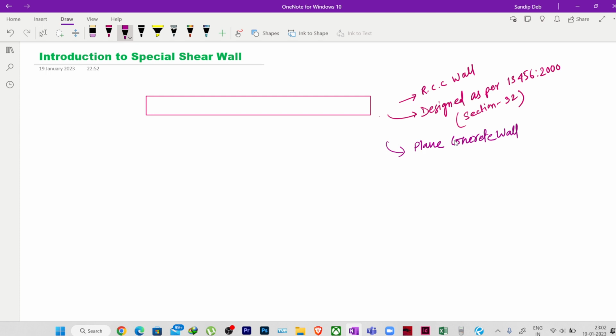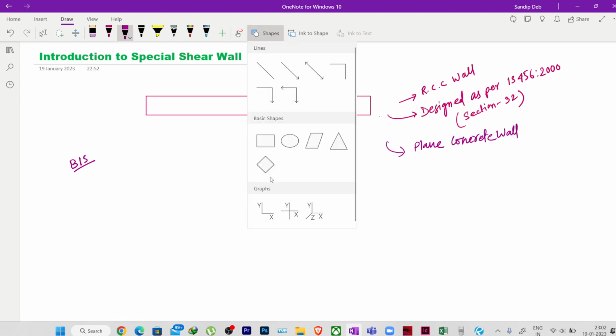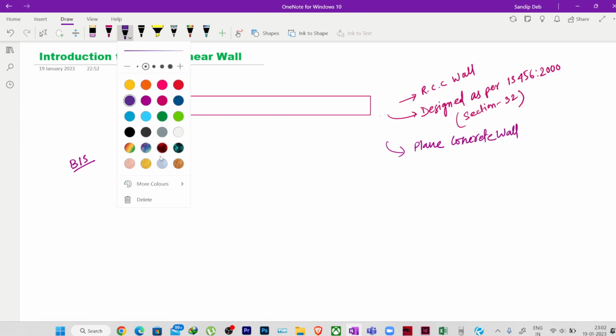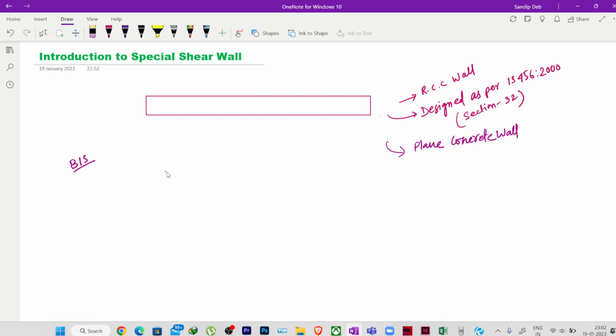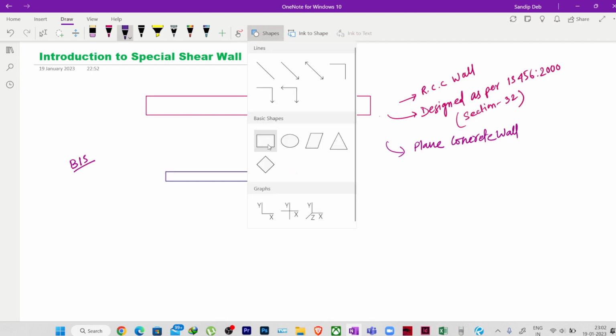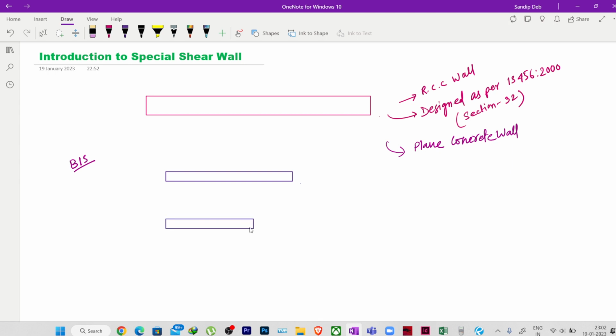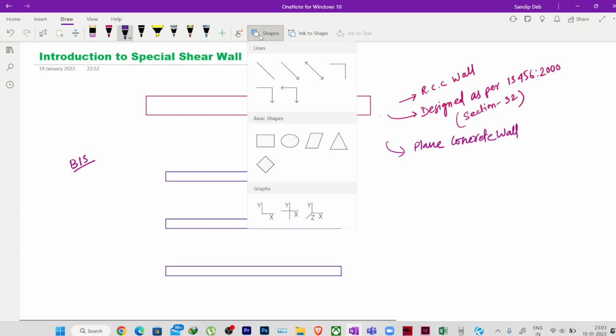Now Bureau of Indian Standards, BIS, says, if this RCC wall is meant to take the lateral forces, so suppose we have a frame like this, and this is also extended actually.